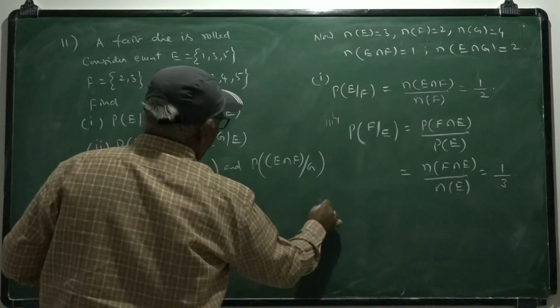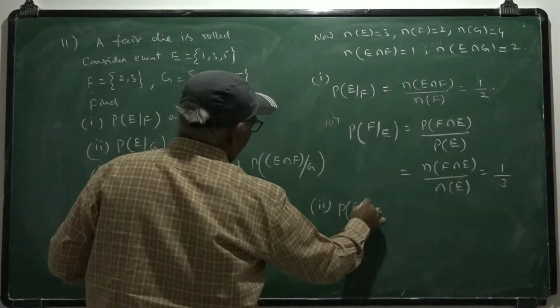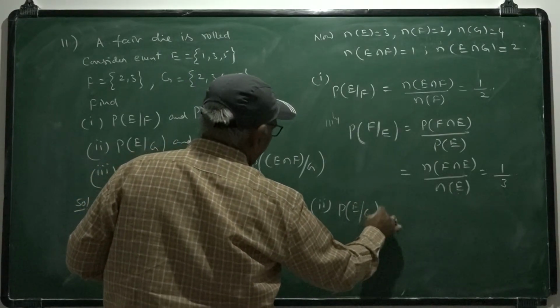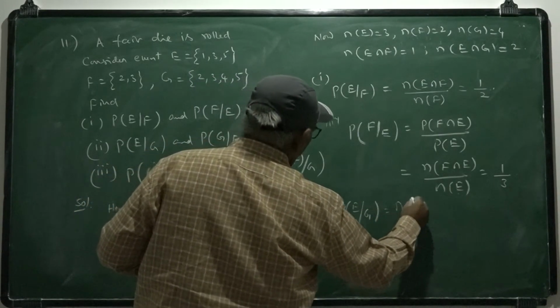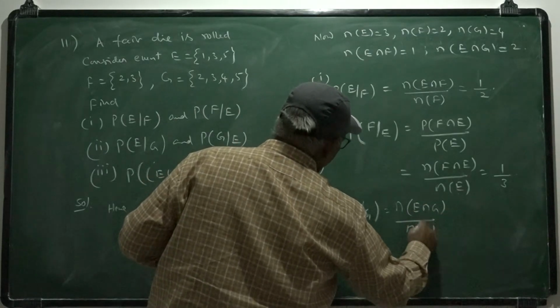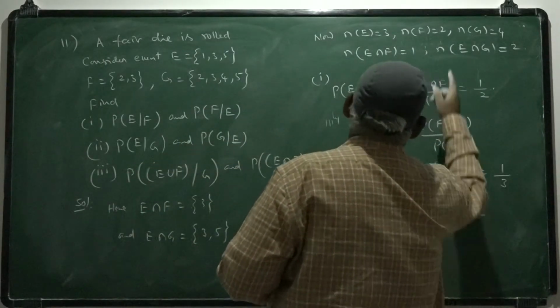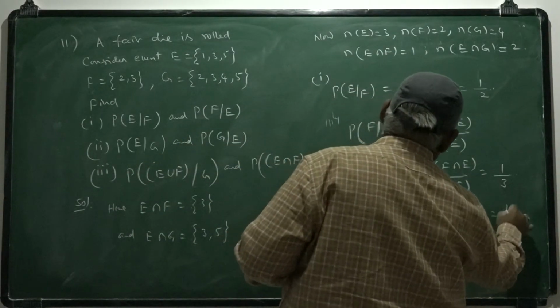Similarly, in the second part, the conditional probability of E given G is n of E intersection G by n of G itself. n of E intersection G is 2, n of G is 4, that is 1 by 2.